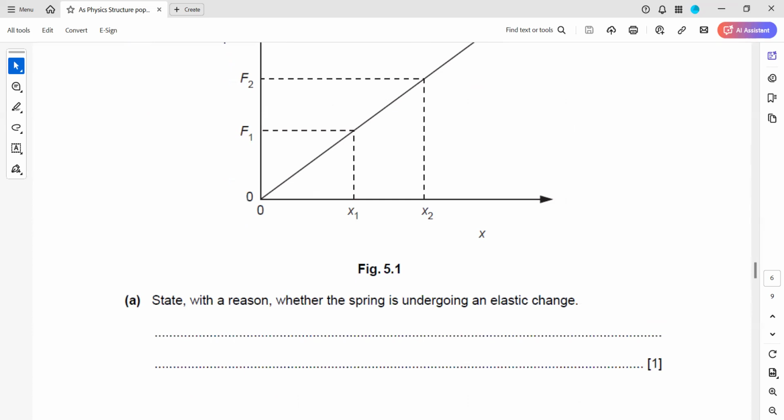Look, the deformation is a linear deformation, it changes linearly. It's not a non-linear change. It's not a curve. So this gives an idea that it is an elastic deformation.